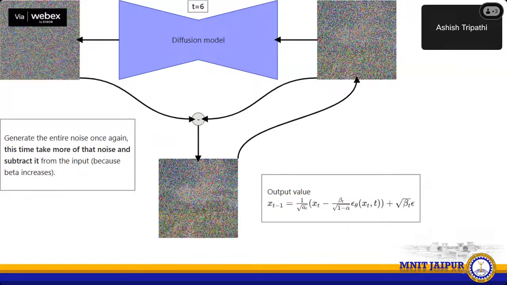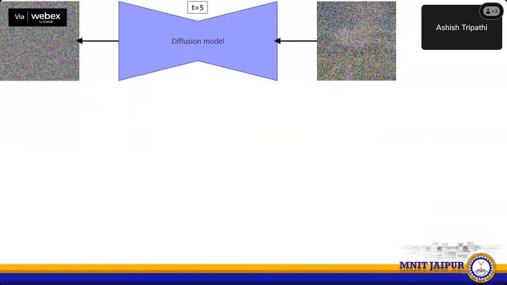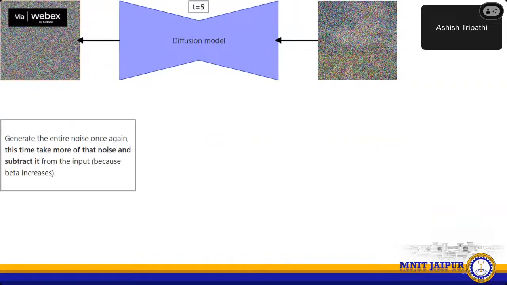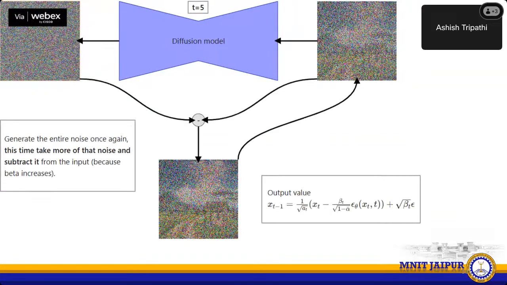But this time you can see that this image has some visibility. It is mostly noise, but if I compare this image with this image, it seems to have a little less noise. Now, if you remember the input image, just look at this image and this image. I'm circling this point.